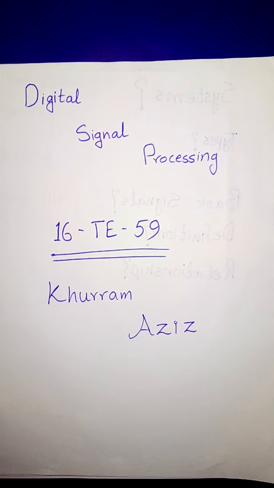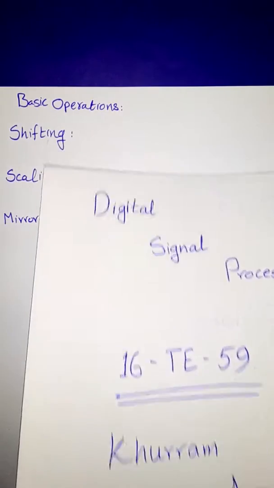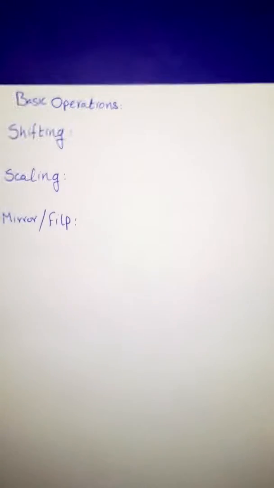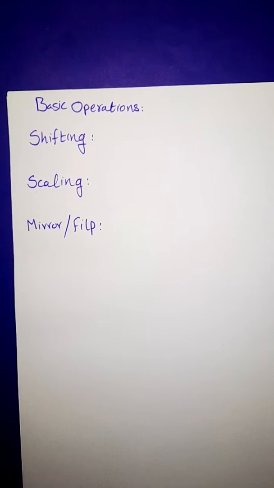This is Khurram Aziz 16DE59, and in this lecture we will discuss some of the basic operations that a system can perform on a signal. The first is called shifting.